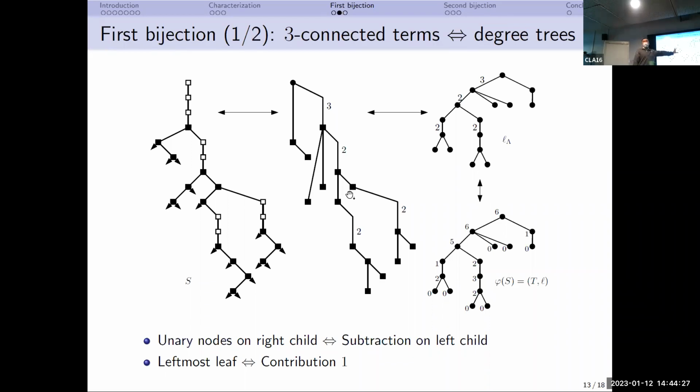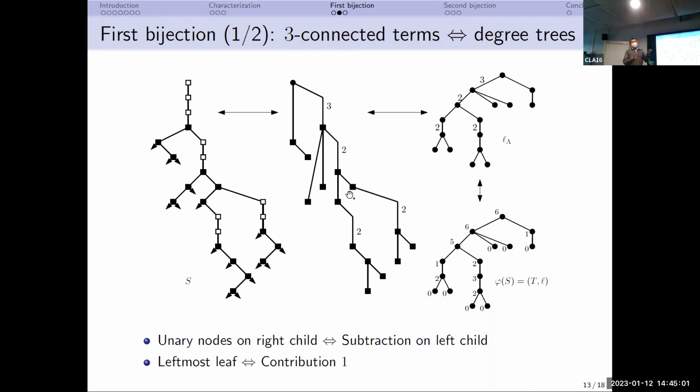So we have a tree with some labels on its edges, and we just flip it left to right, and we get a tree with labels on its edges. And this, in fact, corresponds to the edge label version of degree trees. And then we can translate the labels onto nodes and get a degree tree. And we can see that this somehow goes well with lambda terms, the philosophy of lambda terms.